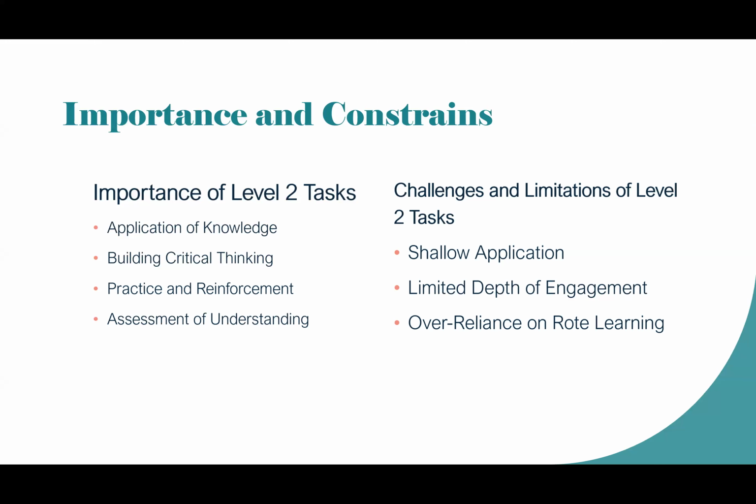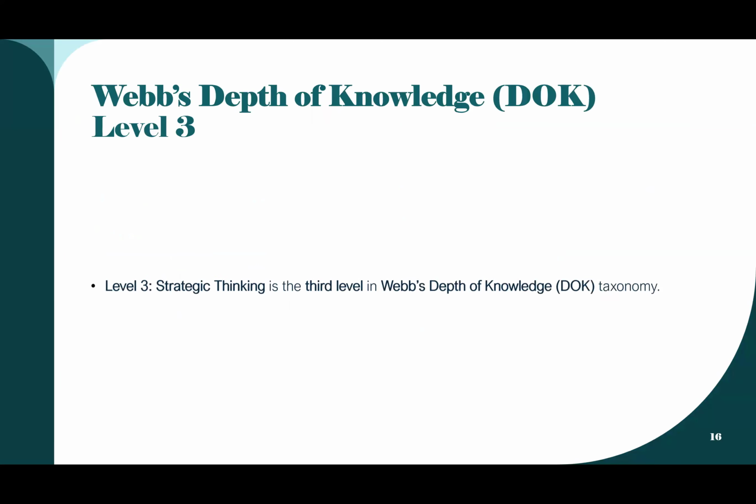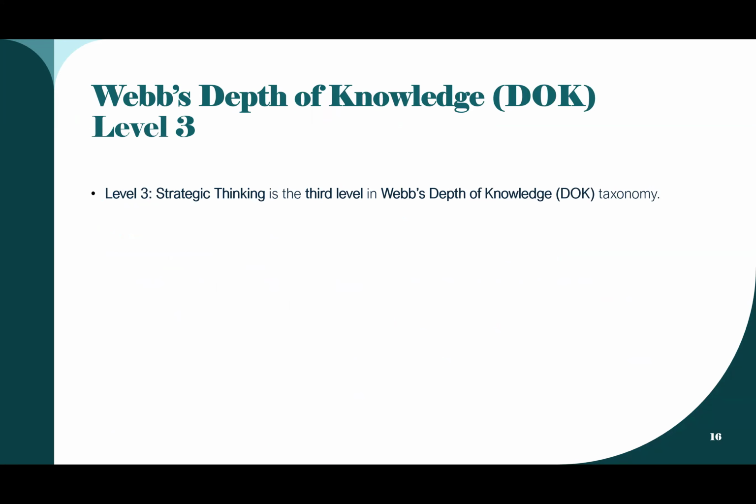Let's move now to level 3. Level 3, strategic thinking, is the third level in Webb's depth of knowledge DOK taxonomy. At this level, students are required to engage in higher order thinking that involves strategic reasoning, planning, and problem solving.